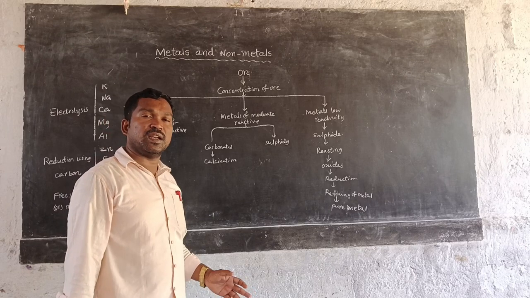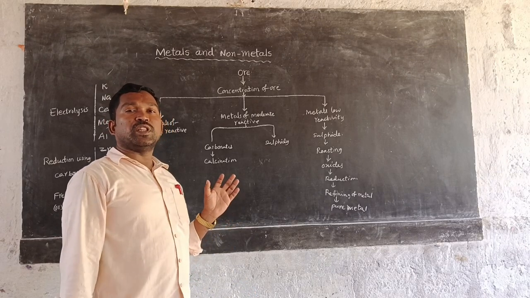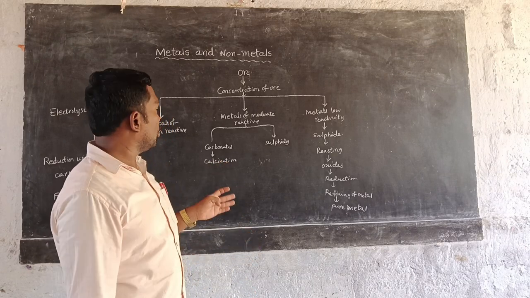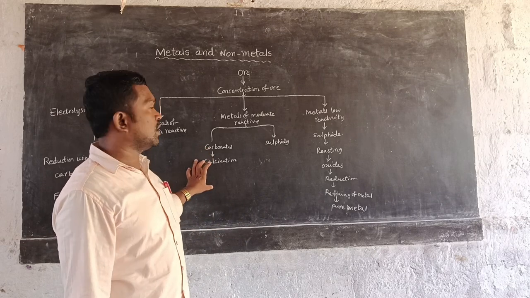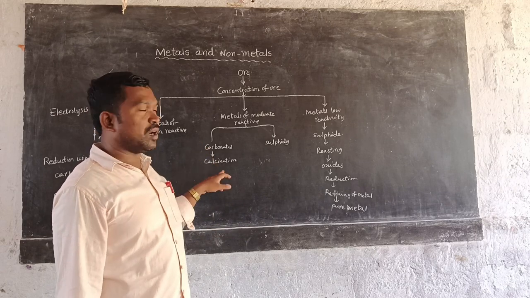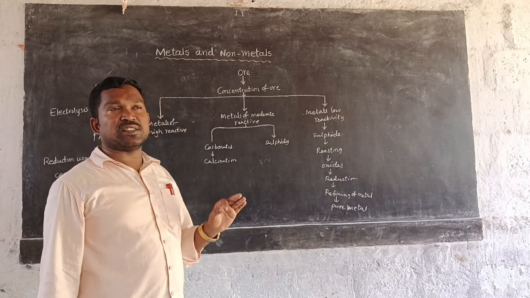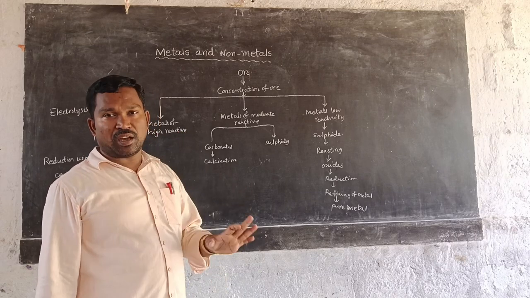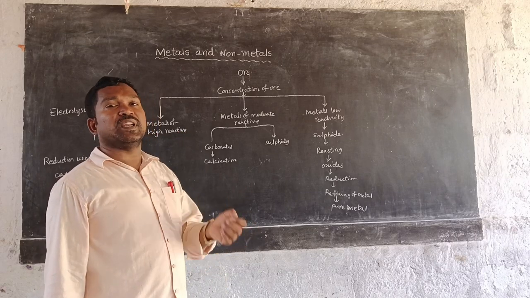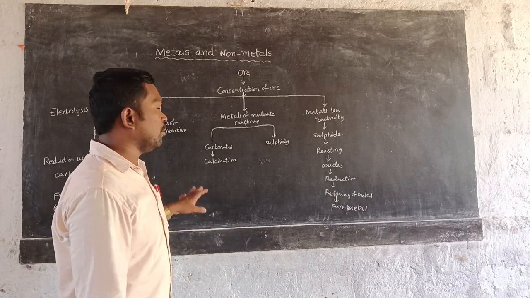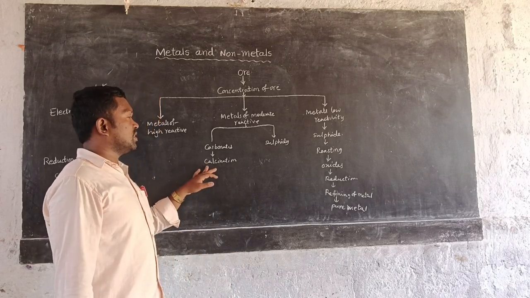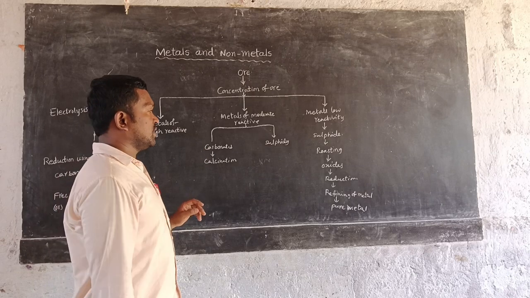What is calcination? Calcination means the ore is burned in the absence of oxygen, or with a low percentage of oxygen. That process is called the calcination process.